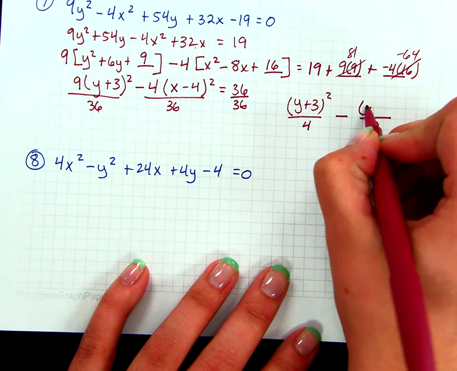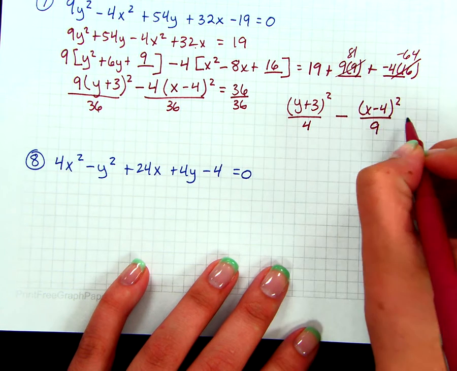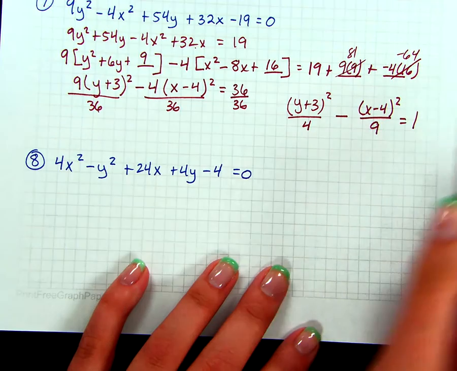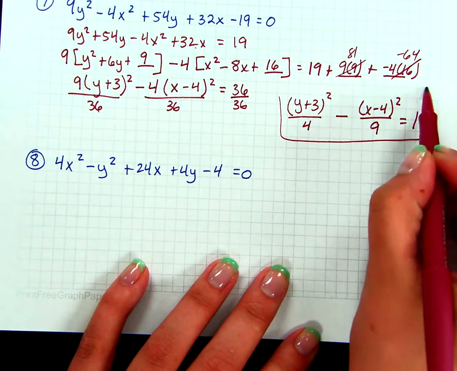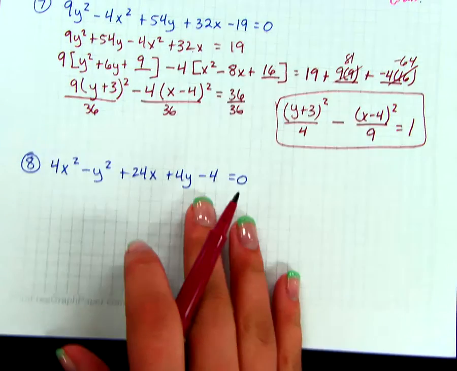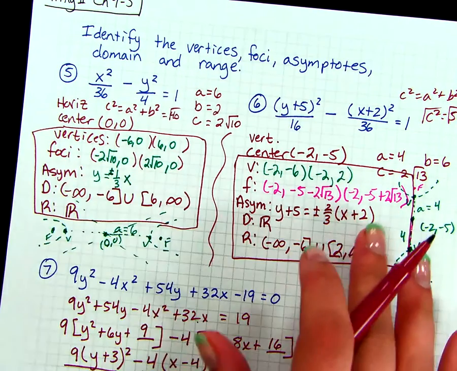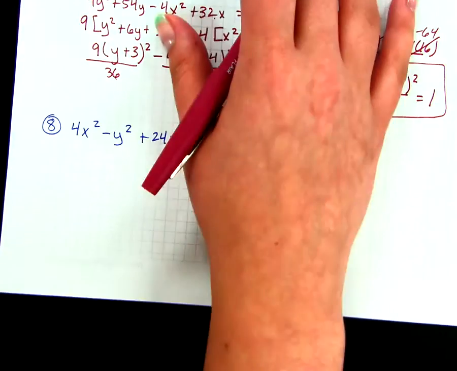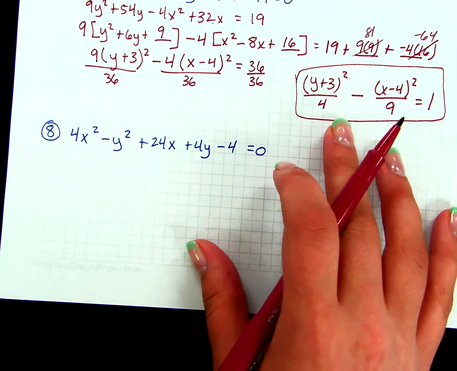So we will have x minus 4 squared over 9 equals 1. So this would be our equation written in the standard form for hyperbola. If we needed to, just like we did on these examples, we could identify all this information, and it's going to make it way easier for us to graph when it's in this form.